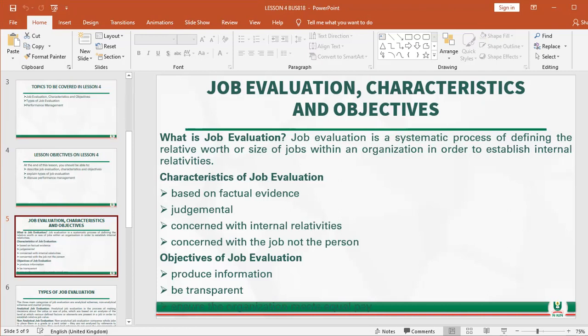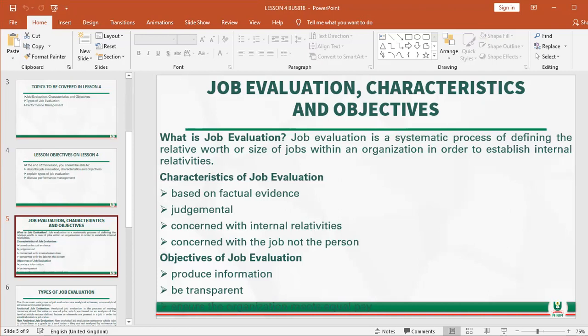And when we talk about internal relativities, we have a write-up in our course material here, which says, when used within an organization, job evaluation in the true sense as defined above can only assess the relative size of jobs in that organization. It is not concerned with external relativities, that is the relationship between the rates of pay of jobs in the organization and the rates of pay of comparable jobs elsewhere.